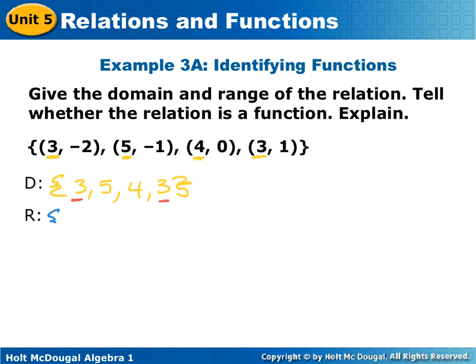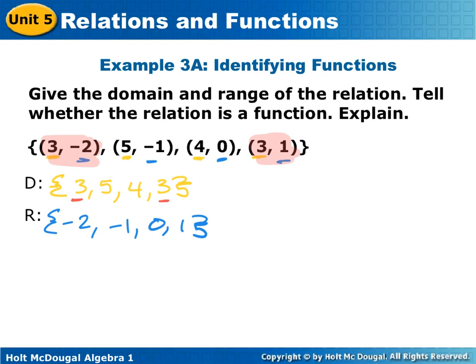When I go to look at my range, I want to list it out. So I've got -2, -1, 0, and 1. Okay? Well, as I list these things out, here's the big problem. Here's the problem makers. I've got this point that says 3 goes to -2, and I've got this point that says 3 goes to 1.